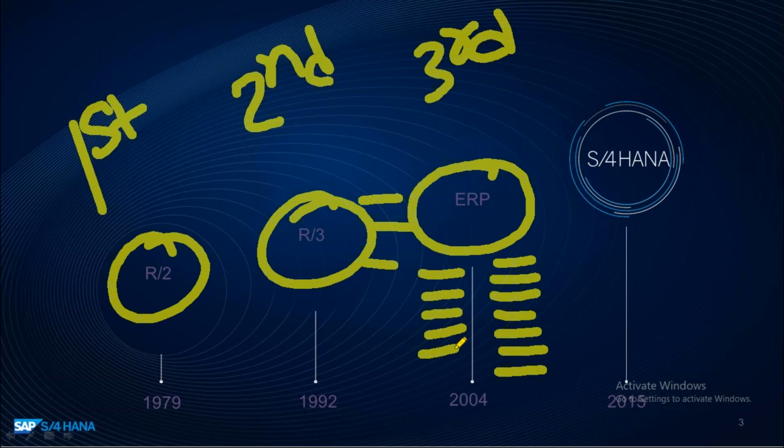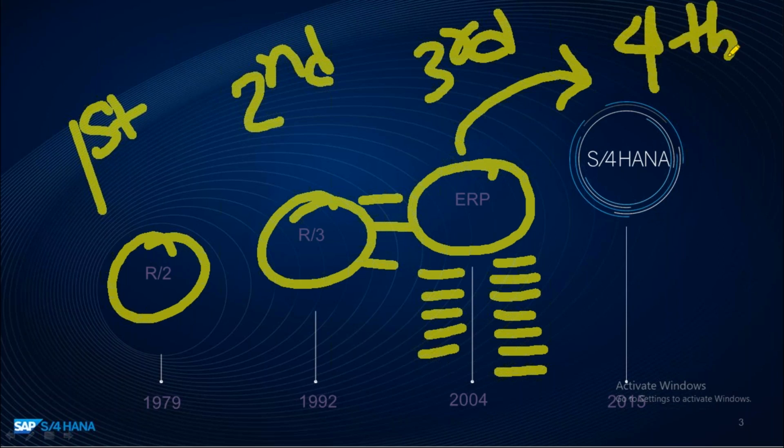Now today, the ERP is powered by the HANA database and other optimization with the reduction of the data footprint, the simplification in the business functional areas, and powered by the HANA database to make the ERP much more scalable to the new generation applications and cloud computing platforms. So the fourth generation is the S4 HANA.